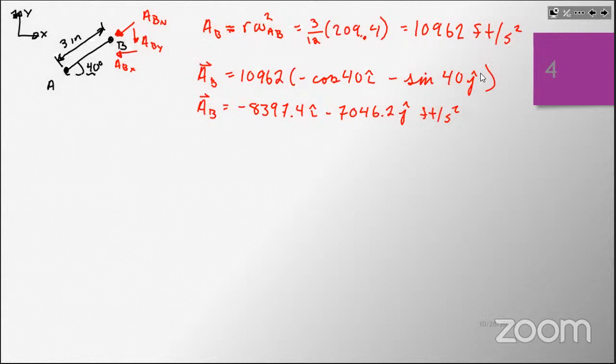So that gives us, all right, so that gives us what? Well, that's our acceleration for B. Why is that important? Because remember, we're going to draw this out, right? So that is a pure rotation. That crankshaft is purely rotating around point A.